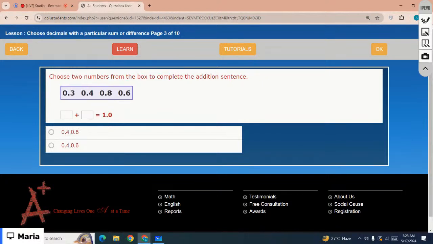So, which is the correct option? The correct option is, yes, that's option number two. 0.4 and 0.6 equals 1.0.